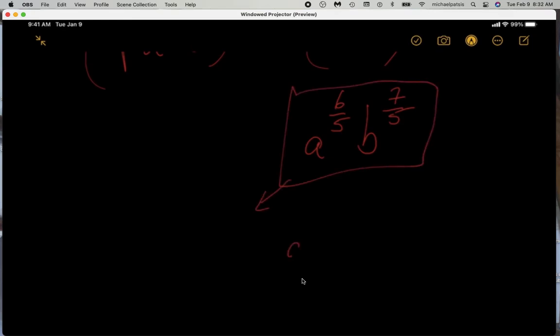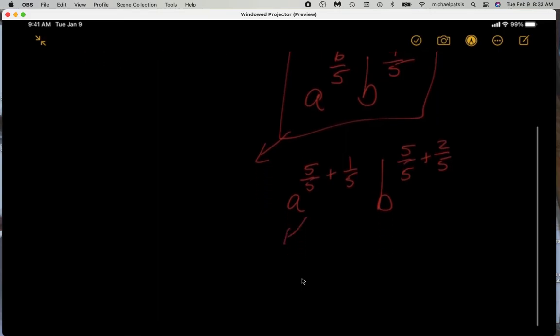So we can say that this is a to the 5/5 plus 1/5, b to the 5/5 plus 2/5. Sorry, make that a little neater. Okay.